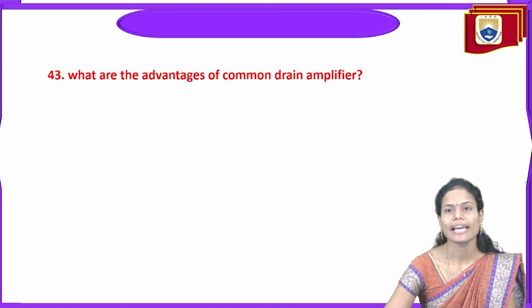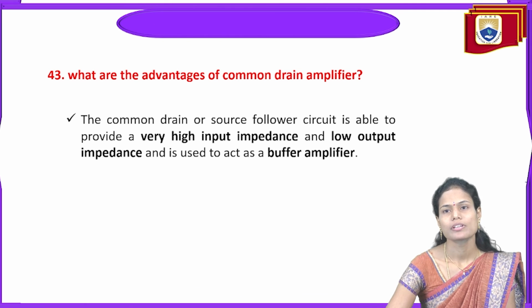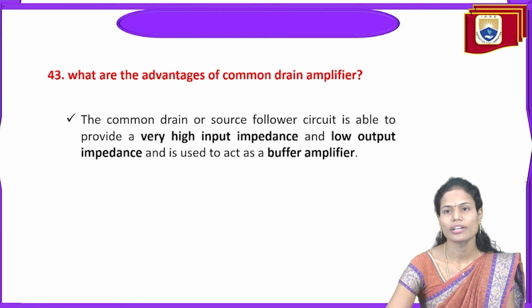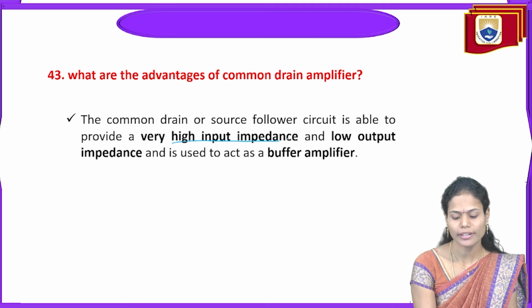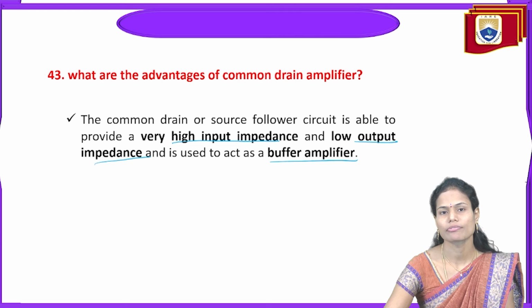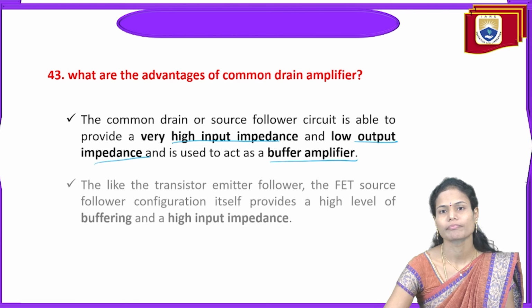And next, what are the advantages of the common drain amplifier? The common drain amplifier is nothing but the source follower circuit, and it can provide very high input impedance and low output impedance, so that we can utilize it as a buffer amplifier. We can utilize it for buffering.